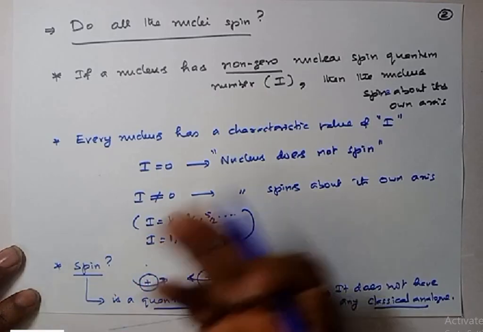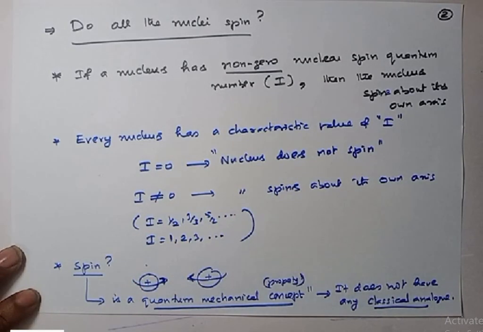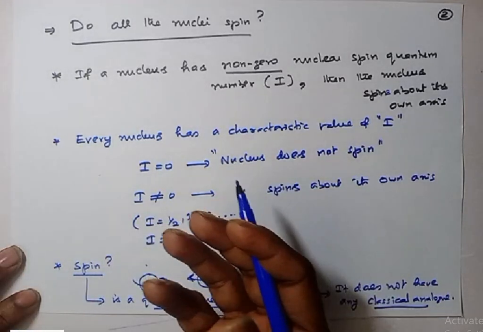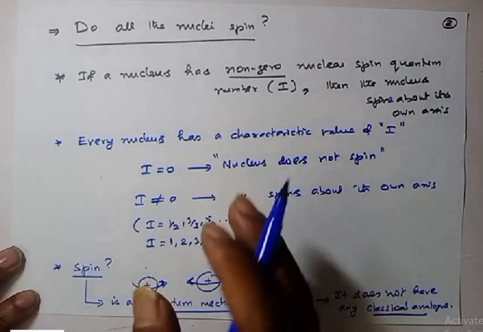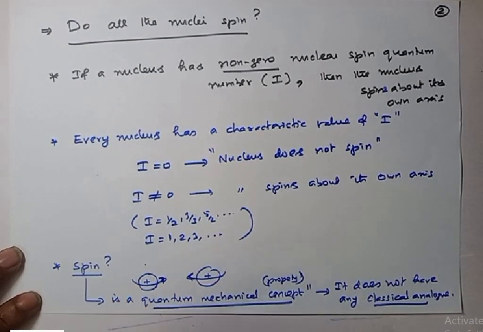Spin is entirely different. It is a quantum mechanical concept. But we use these because the understanding is easier. Anyone can easily understand the basics of NMR if we use this type of pictures.